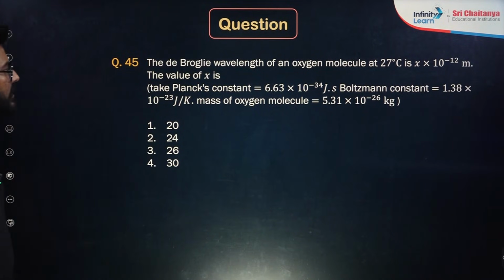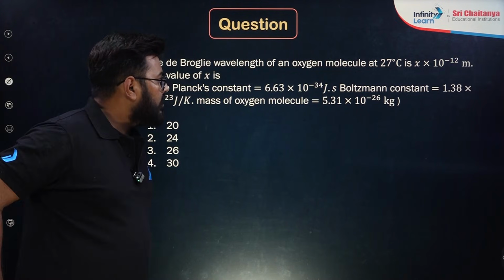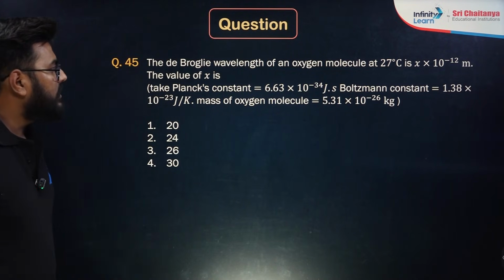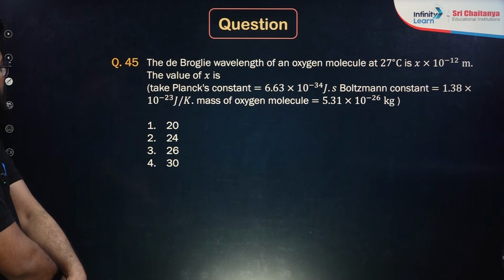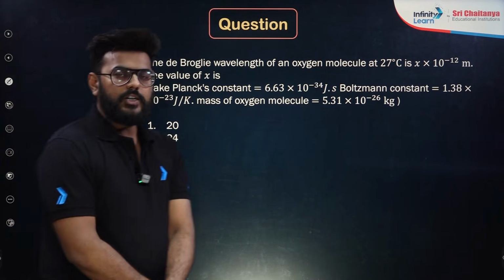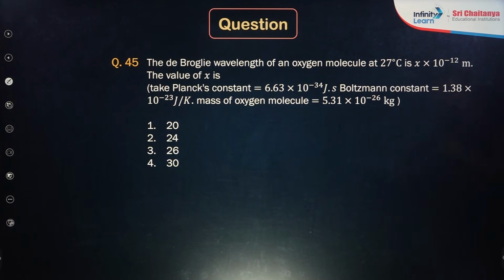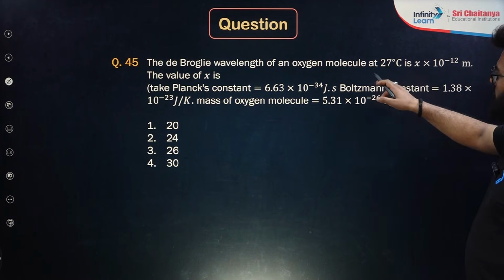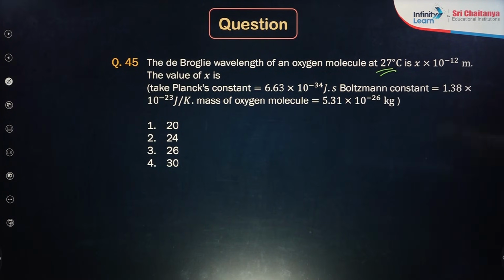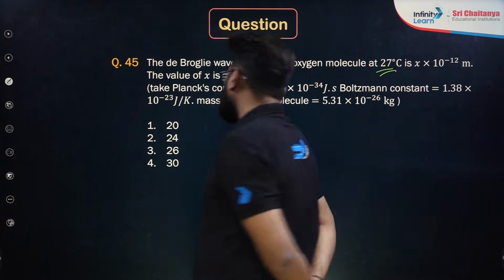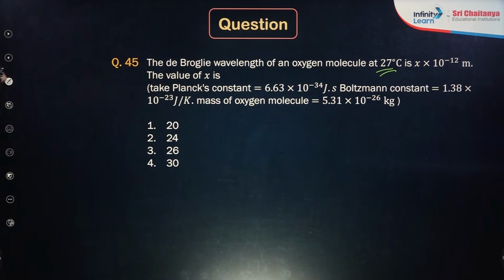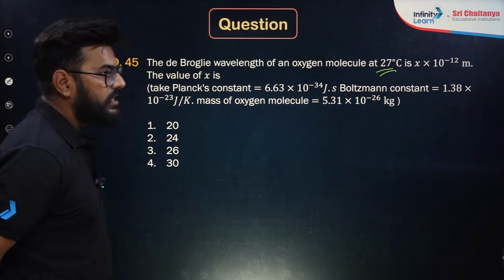The de Broglie wavelength of an oxygen molecule at 27 degrees centigrade is x into 10 raised to the power minus 22 meter. What is going to be the value of x? See, the de Broglie wavelength is this. Here the de Broglie wavelength will be related based on its thermal energy.